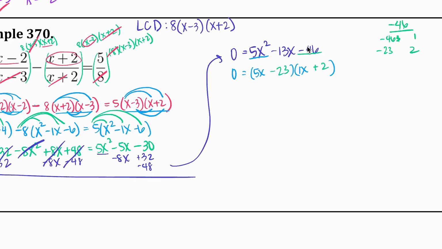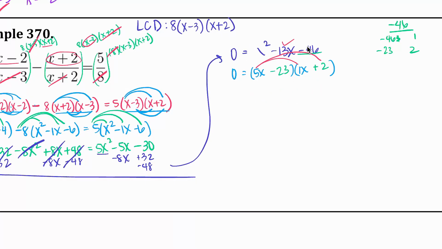So if we think through that, 5x times 1x is 5x squared. That gives me plus 10x minus 23x minus 46. If we combine those, we do get what we originally started with, so we know those factors are correct.